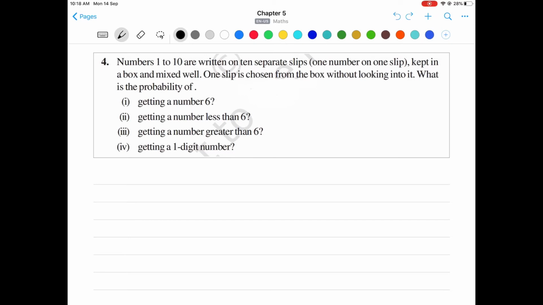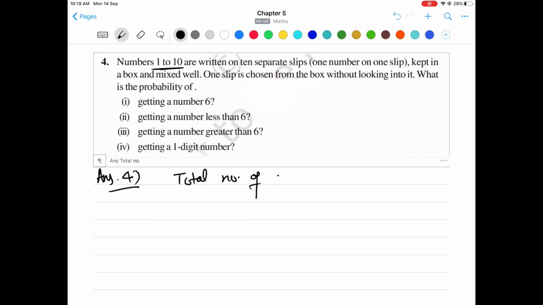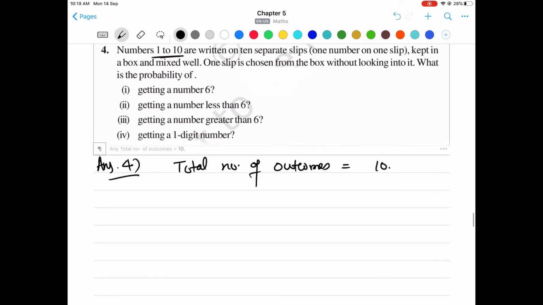So first we'll write the total number of outcomes here. Total number of outcomes here is 10 because the total number of slips is 10. So we'll write total number of outcomes is equal to 10.